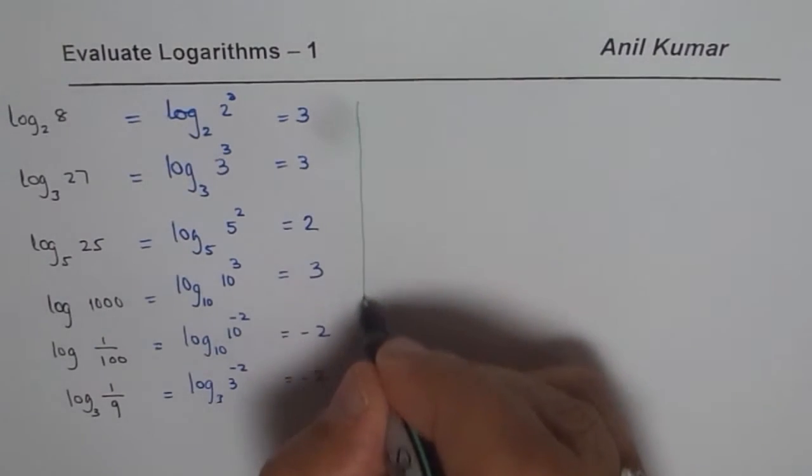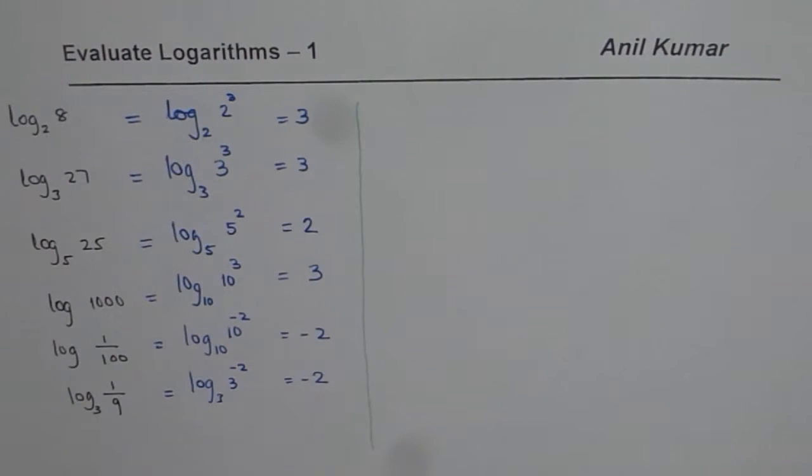I hope this part is very clear. These are relatively simple questions to begin with, but they form the foundation for solving logarithmic equations, right? I hope with this set of examples you can appreciate how we can find the logarithm of such values.